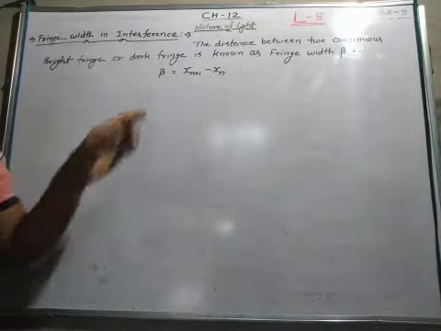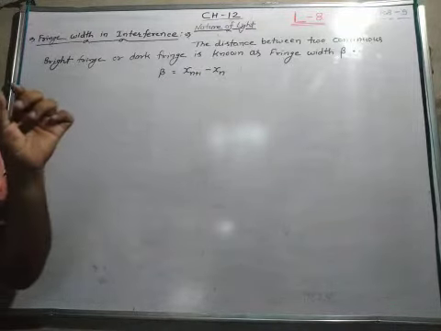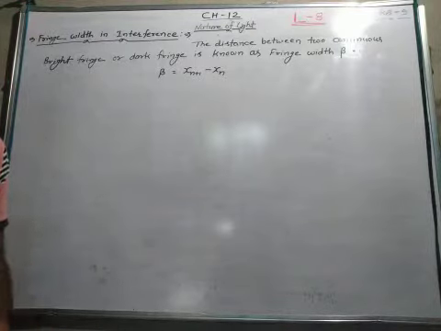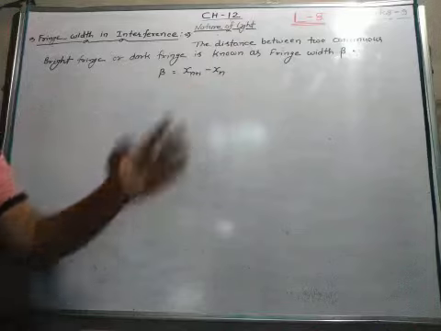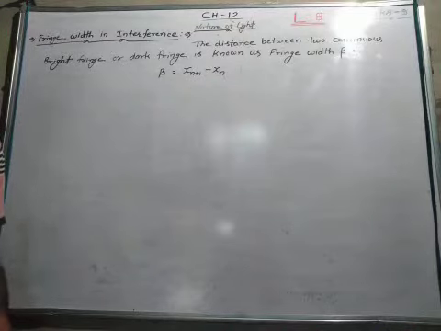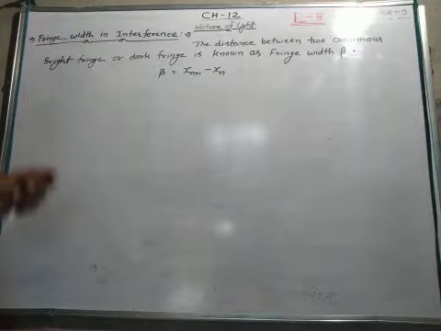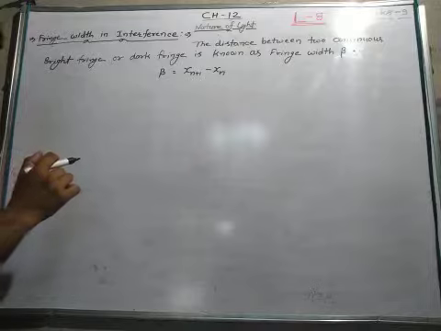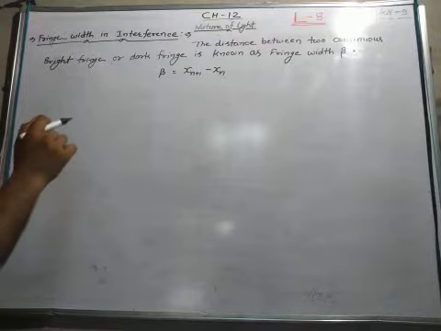Xn plus 1 is the distance of the n plus 1 fringe from the center, and xn is the distance of the nth fringe from the center. Now we calculate the fringe width.